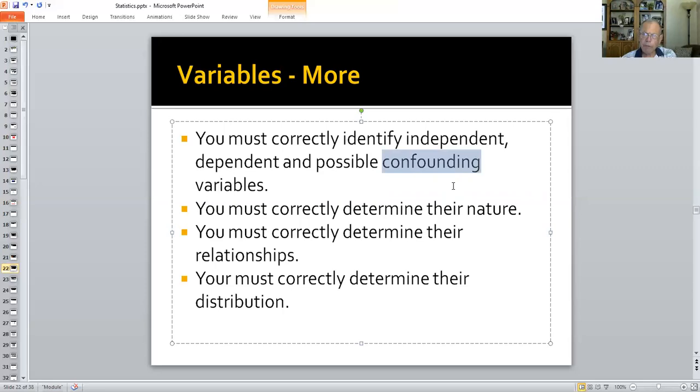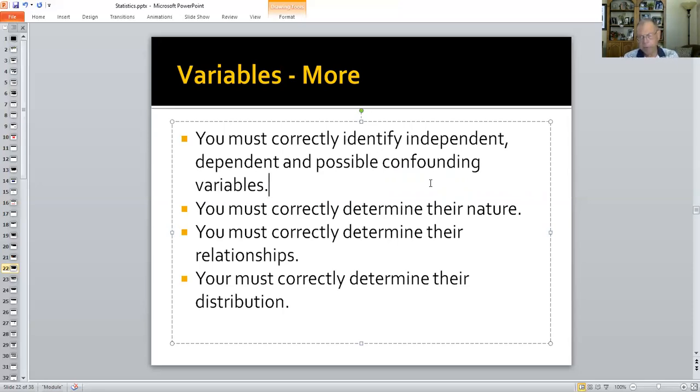You know what? Confounding variables are all over the place. Suppose you wanted to make a test of gender versus job satisfaction. But you happen to also know the years of age and the years of employment.